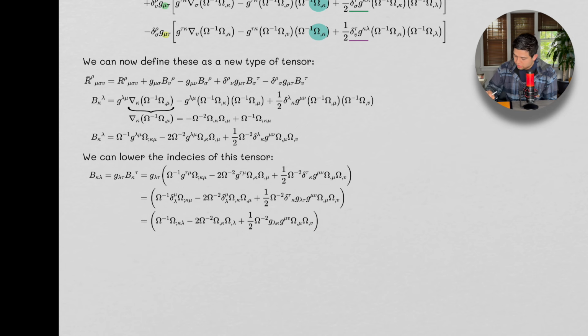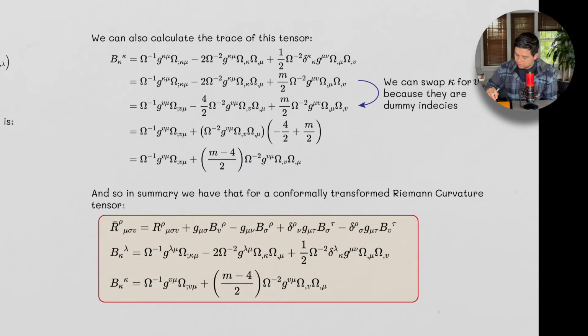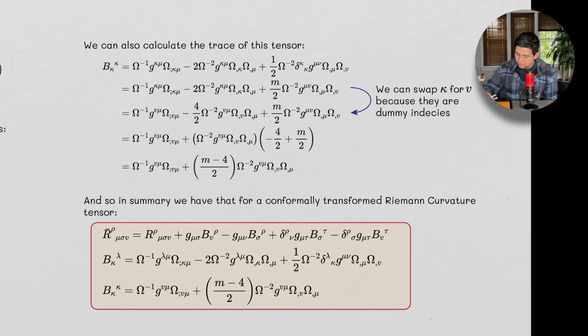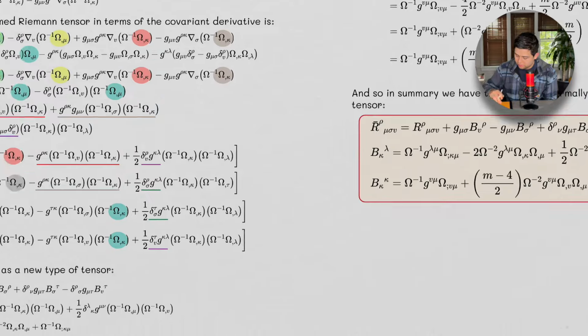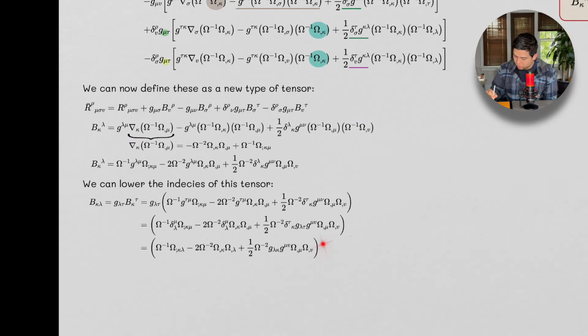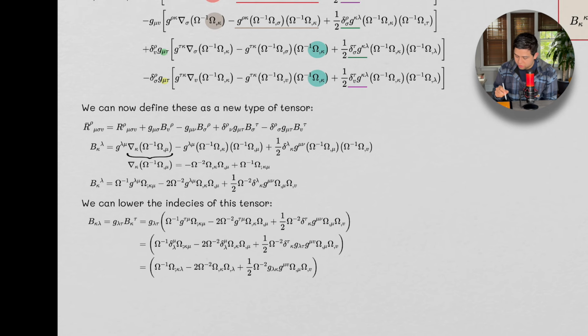So let's keep on going. What we've essentially found is that these guys play a role in understanding how the Riemann curvature tensor is defined. So this is the definition of that tensor, and we've reduced these guys to look something like this.